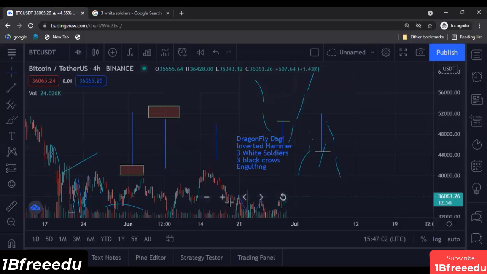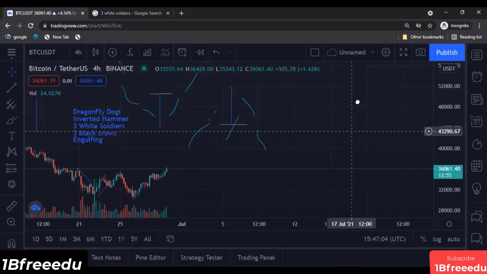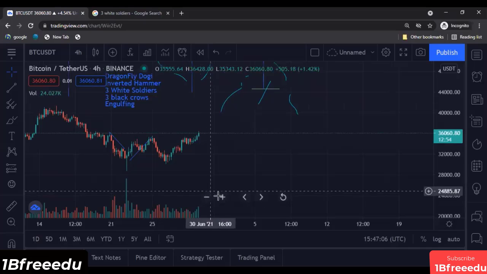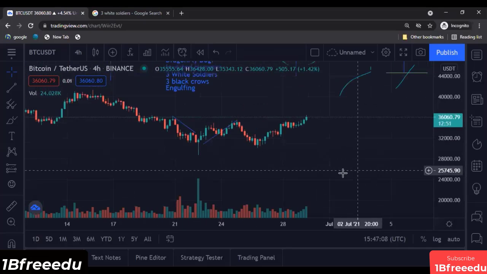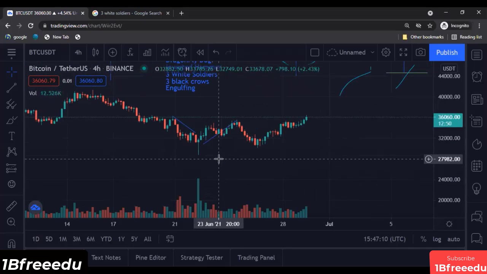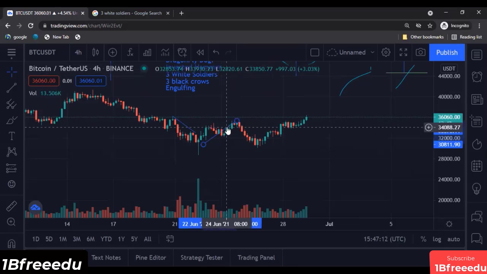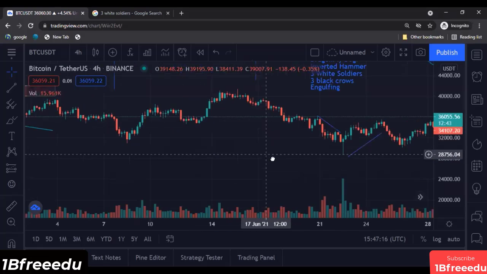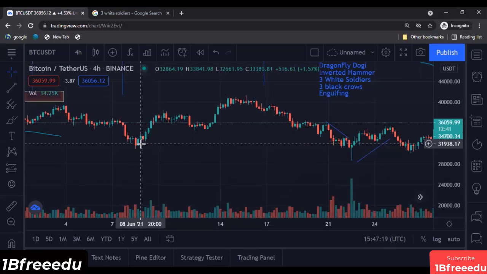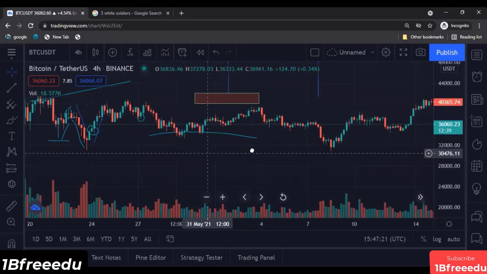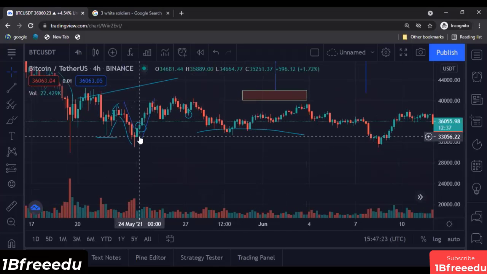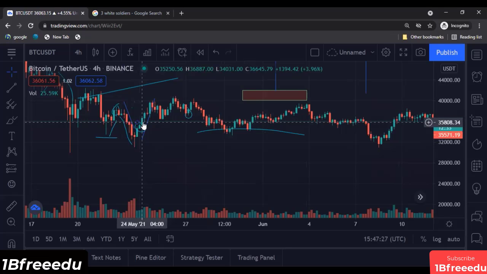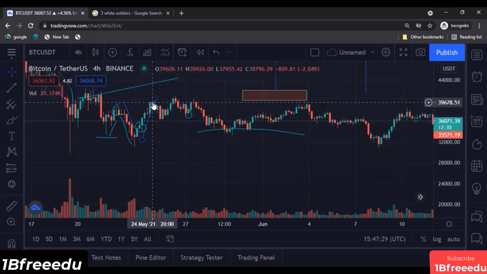So let's see how three white soldiers take place. It is a pretty recent example. From here, if we can see, there were three white soldiers, meaning three bullish candles, and it indicated that the price would move above.